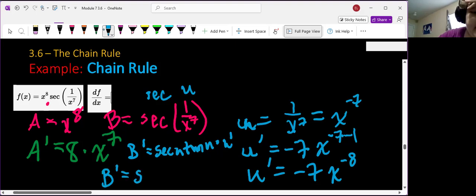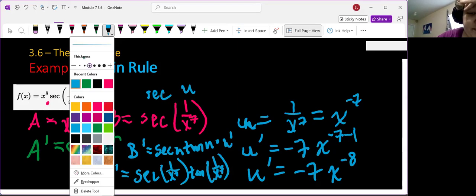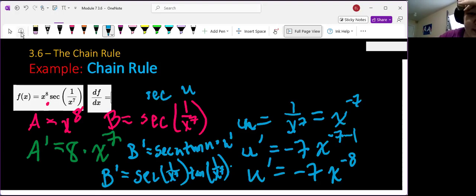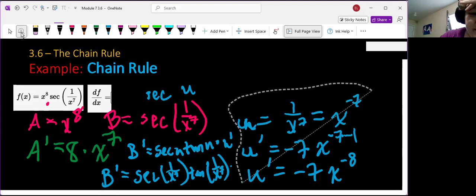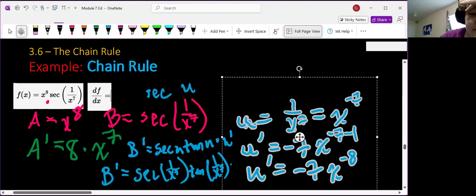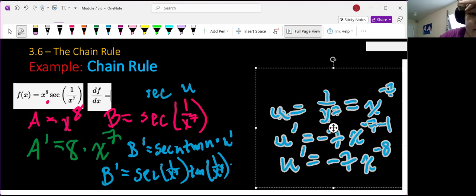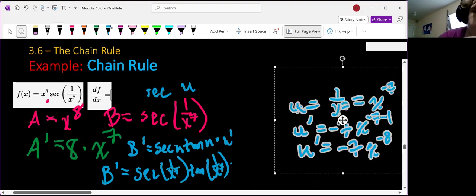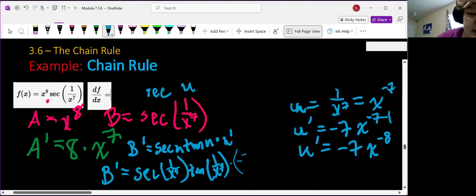So b prime is the secant of 1 over x to the seventh times the tangent of 1 over x to the seventh times u prime. Let me take all that and move it, shrink it a little. So our u prime is negative 7x to the negative 8.